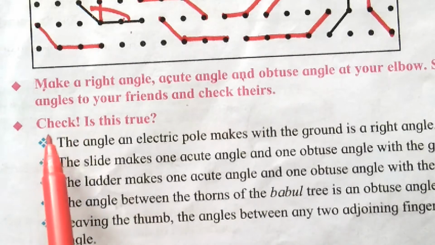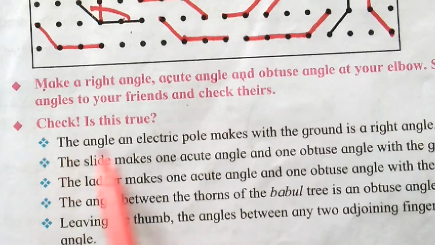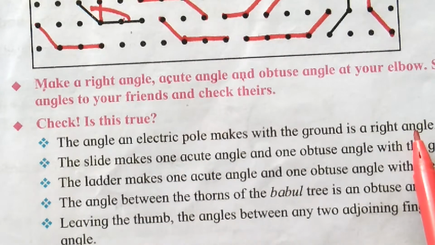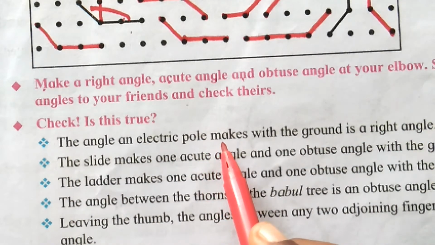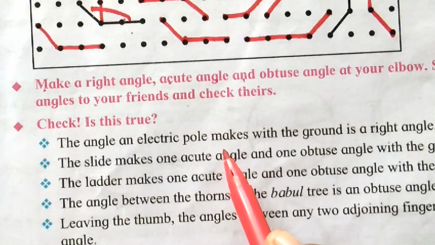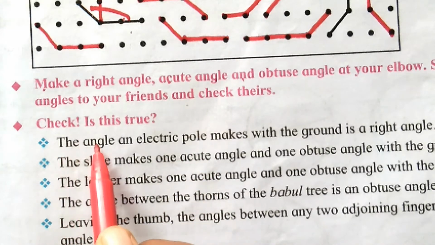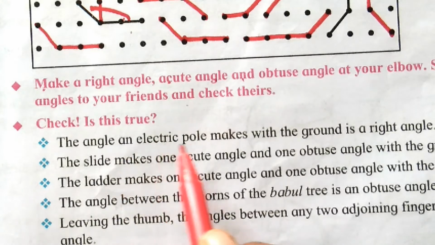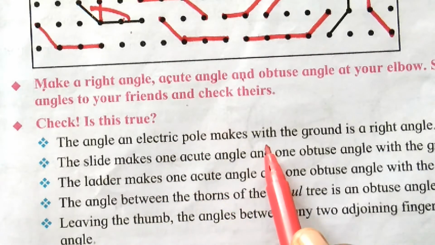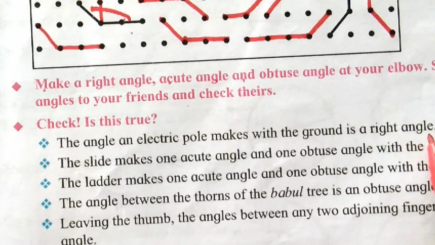Next question is, check, is this true? We have to read out the sentence and find out whether this sentence is true or false. So let's read the first one. The angle an electric pole makes with the ground is a right angle.